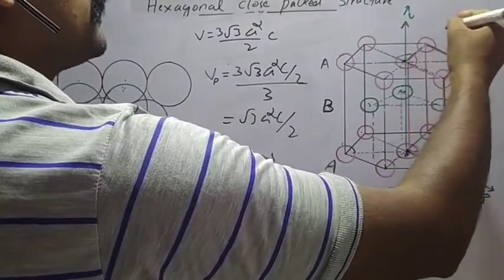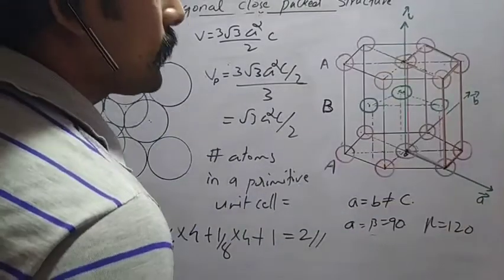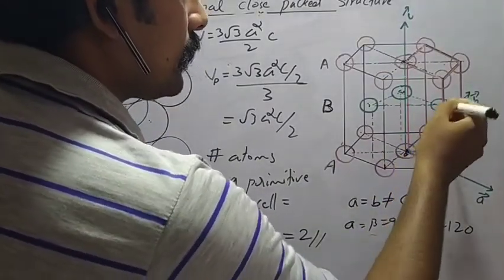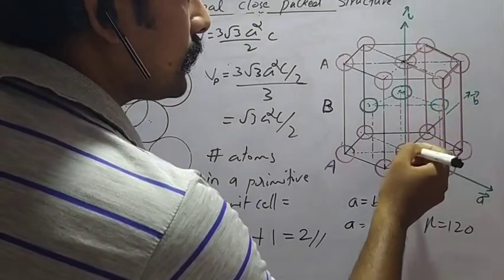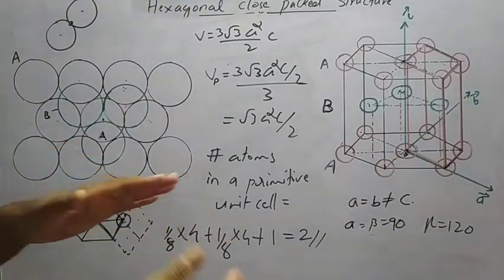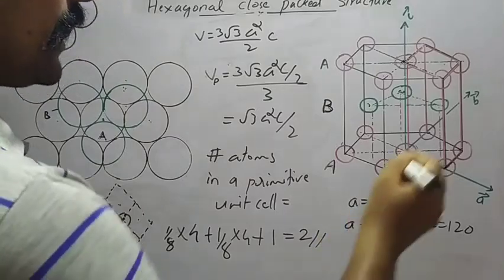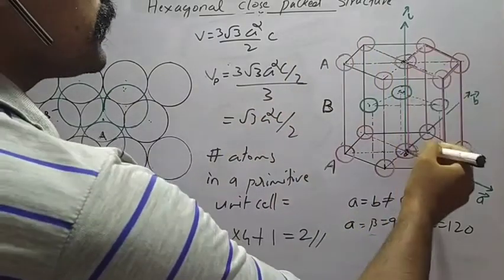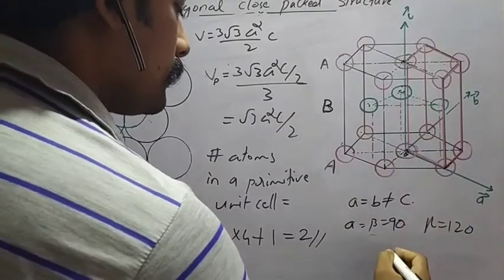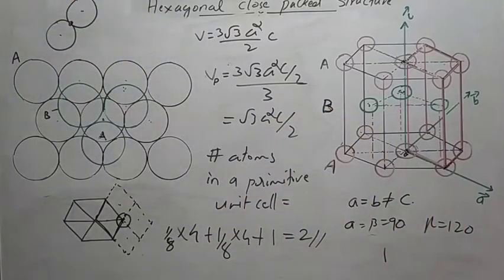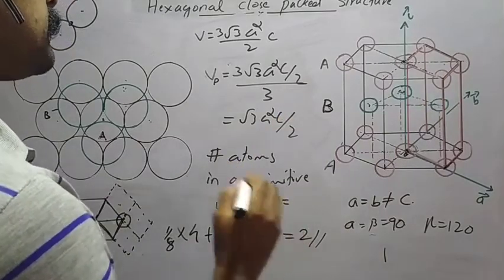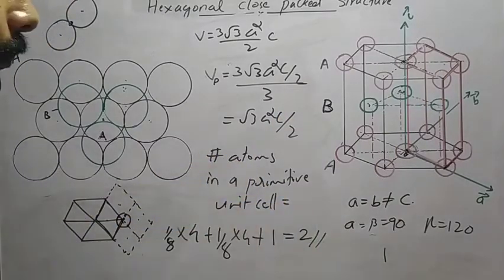So the lattice point we are considering is in between this atom and this atom, which belong to different layers. That's why the effective lattice point in this primitive unit cell is equal to 1, but the number of atoms in that primitive unit cell is equal to 2.